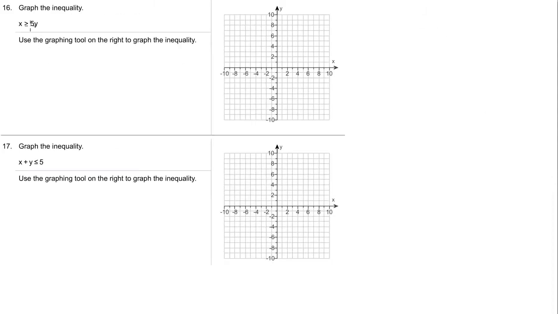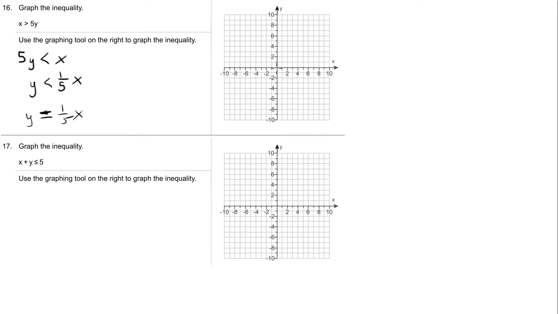Last, graph the inequality. x is greater than 5y. Let's rewrite this to be 5y is less than x, so y is less than 1/5 x. So we're going to start by graphing y is equal to 1/5 x with a dashed line.